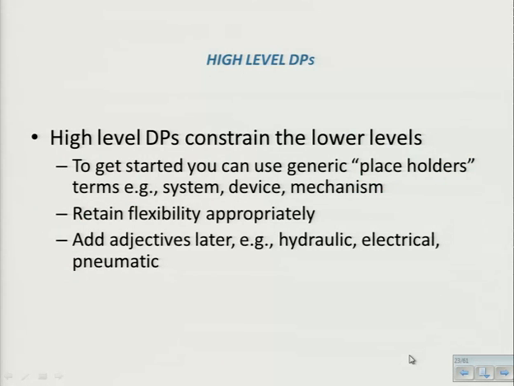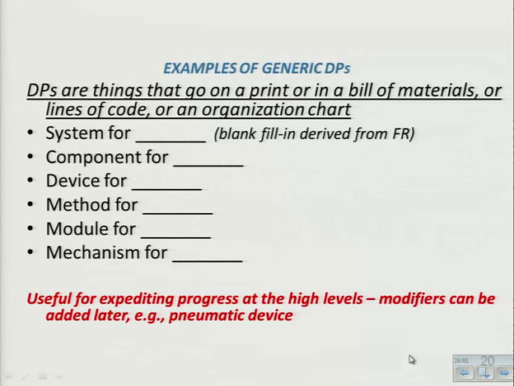All right, so now the upper level DPs constrain the lower levels. One of the things we can do is use kind of placeholders if we don't know what the upper level DPs are. In this case, the upper level DP is going to be the topography of the shaft surface.